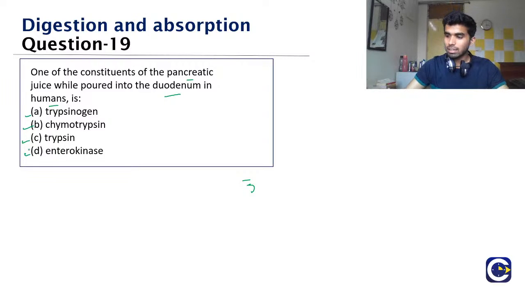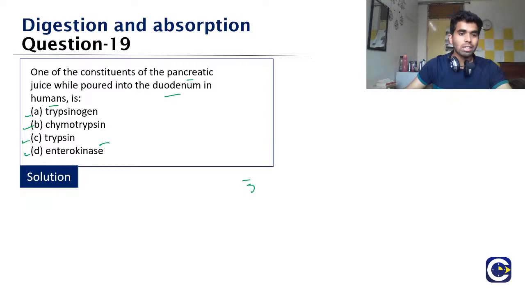Hisham, don't be in a hurry to answer the question. First read it, try to understand, and then give the answer. Most of the students do this: when we are in the examination in a hurry, we go for the wrong answer. See, first of all, enterokinase is not secreted by the pancreas at all.